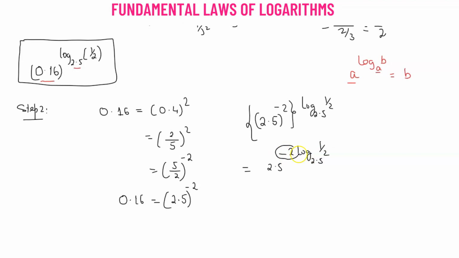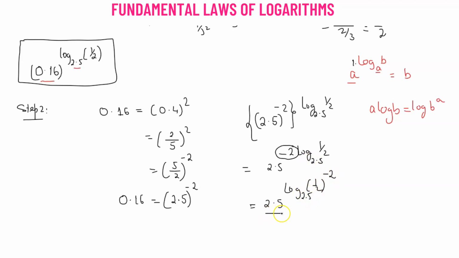Now we need to get rid of the coefficient of the logarithm. We will use another property of logarithms that says A times log of B is the same as log of B raised to the power of A. That means we now have 2.5 raised to the power of log of half raised to the power of -2, with a base of 2.5.